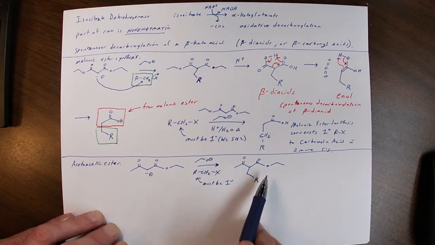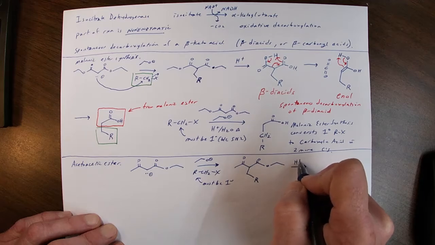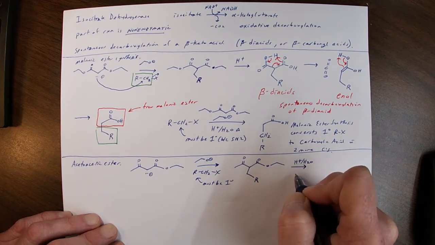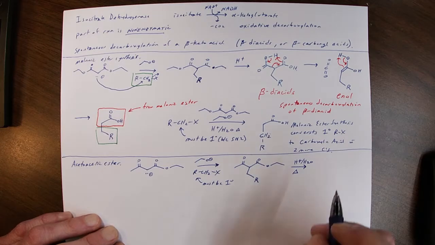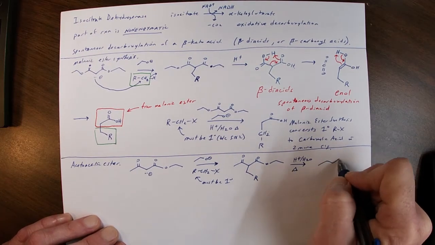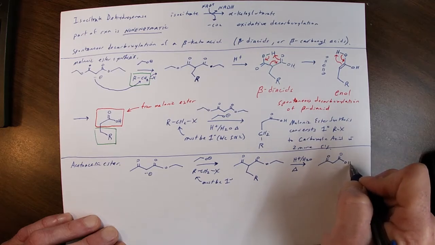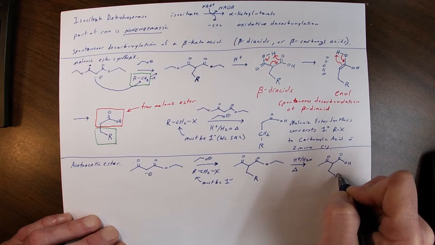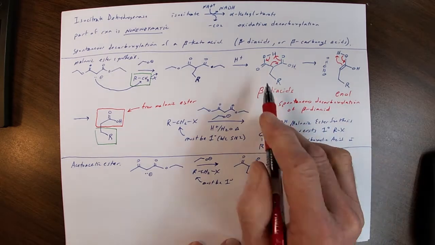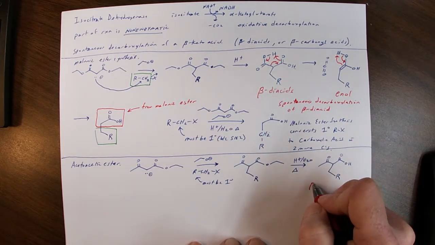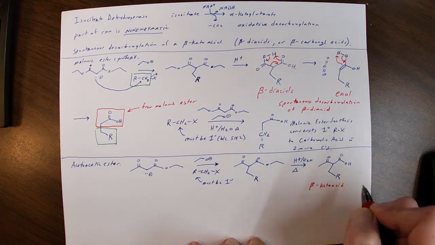Okay, and now we're going to hydrolyze this. So do the hydrolysis and heat. Okay, and you hydrolyze that to the beta keto acid. So here I have, instead of a beta diacid, a beta keto acid.